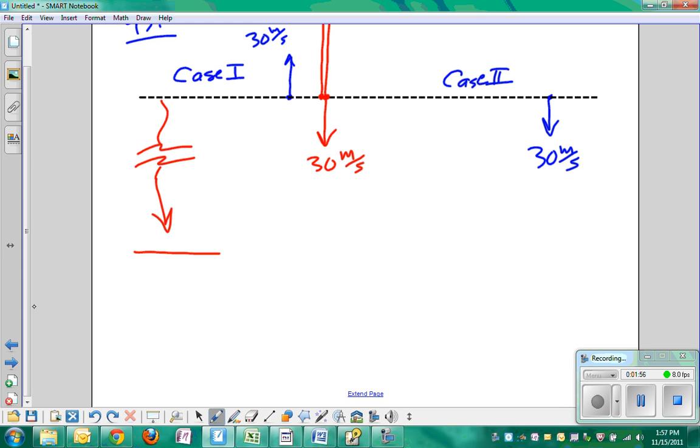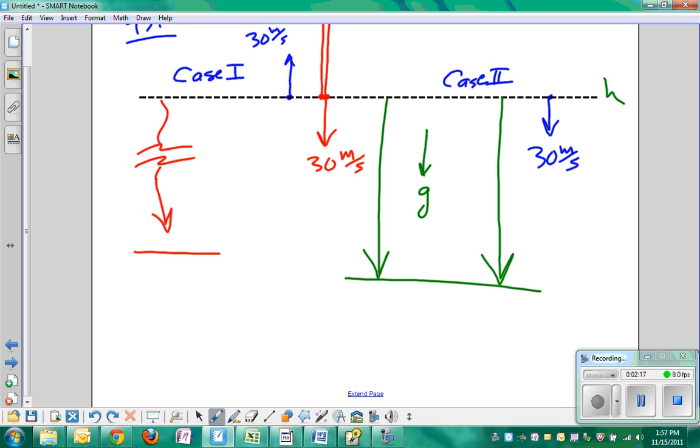Okay? So if this is going 30 meters per second at the same height as this, with the same gravitational acceleration, then the amount of time it takes for case 1 to go from here to the ground, and the one it takes case 2 to go from here to the ground, no matter where it is, is going to be the same. It's not saying they're fired at the same time.